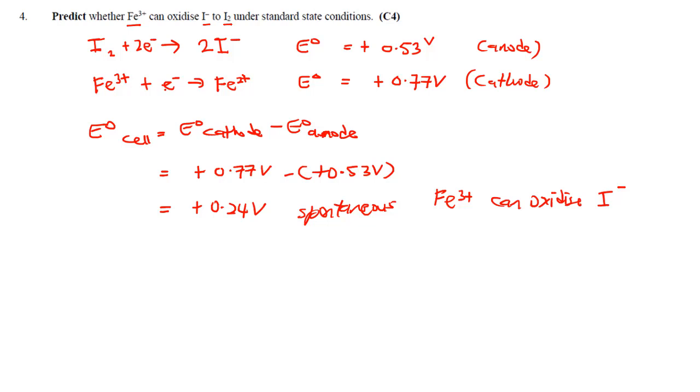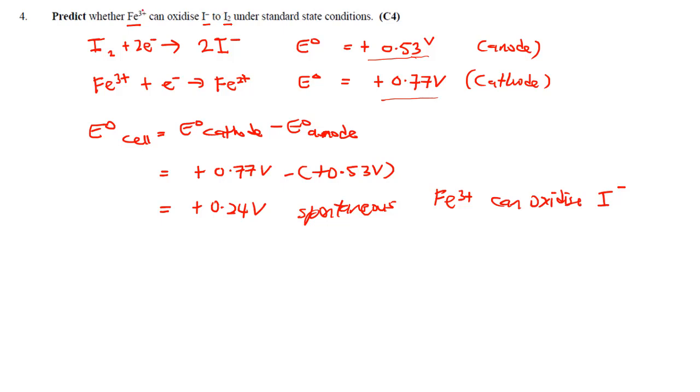Actually daripada value, bila you tengok dekat table ni pun, you tengok E0 value tu, you dah boleh tahu sama ada benda tu boleh berlaku ke tak boleh. Sekarang again fahamkan soalan betul-betul. Dia tanya, boleh tak Fe3 plus oxidize I minus kepada I2?